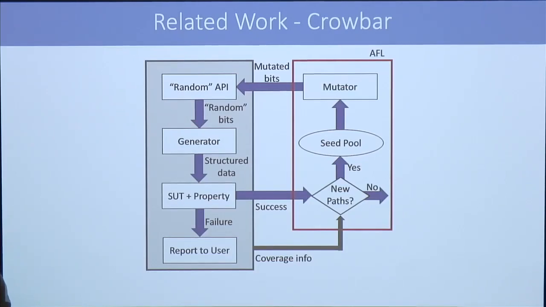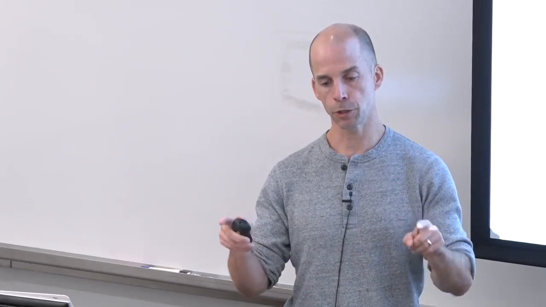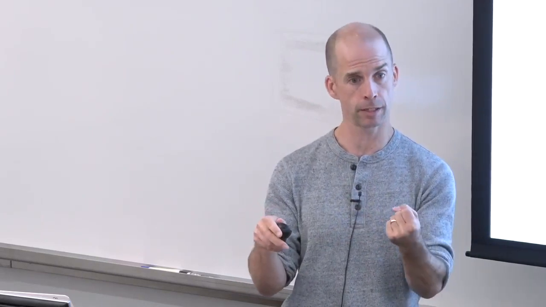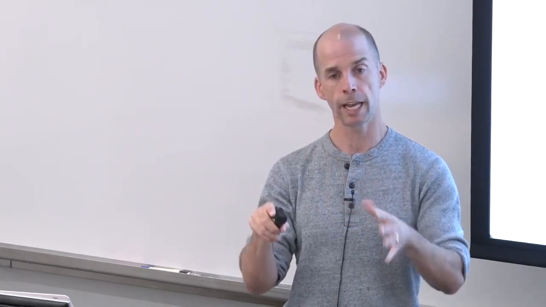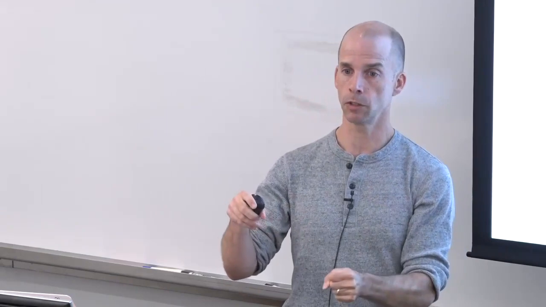Why doesn't it work as well? The problem is that when you're doing semantic mutation, you have some sense of the structure of the data you're mutating, and you can mutate it in a semantically meaningful way. I can take one tree and turn it into two trees. And why might that matter? Well, probably the one tree was instrumental in causing a certain amount of coverage.